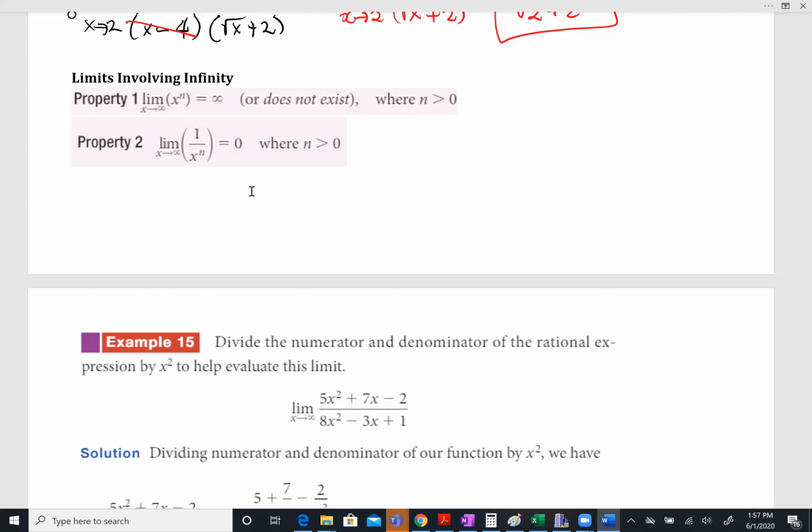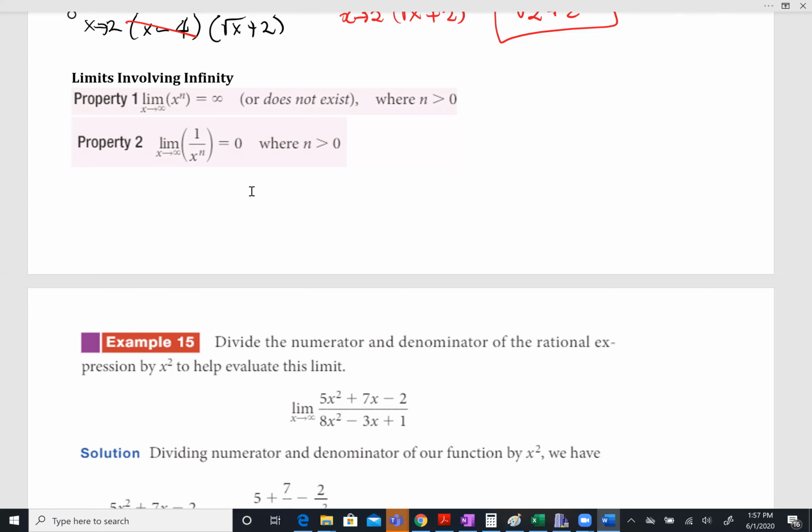But now if I say x approaches something very large, like positive infinity or negative infinity, what happens with that, and how can we handle that? So remember that you will have two properties, and these will stay with you forever in order to do limits involving infinity.